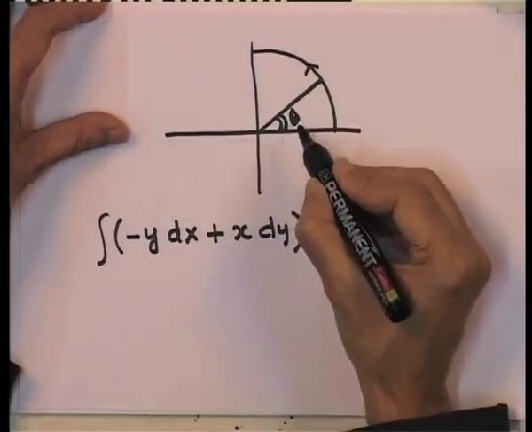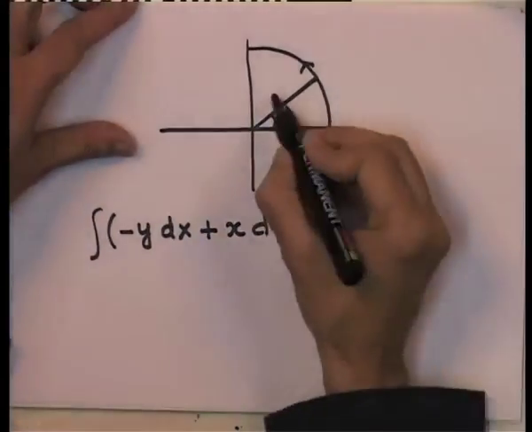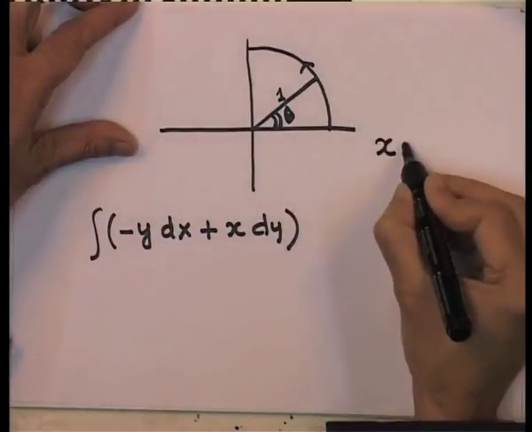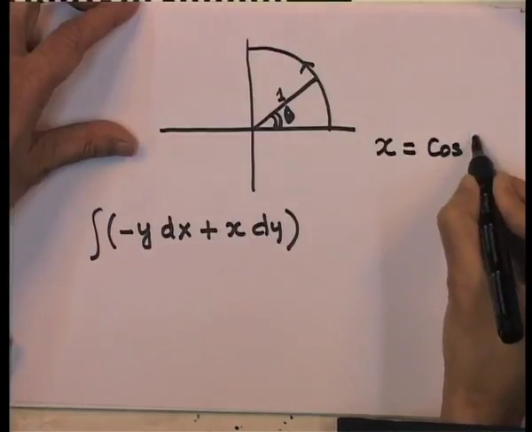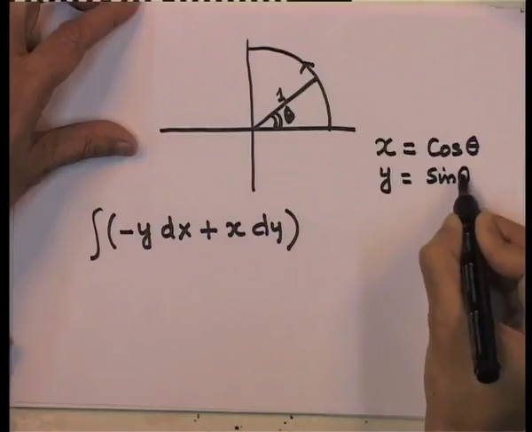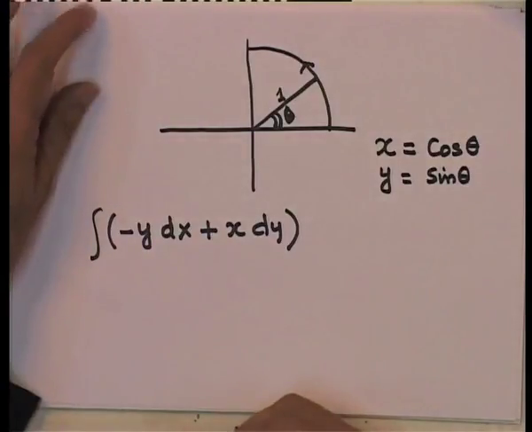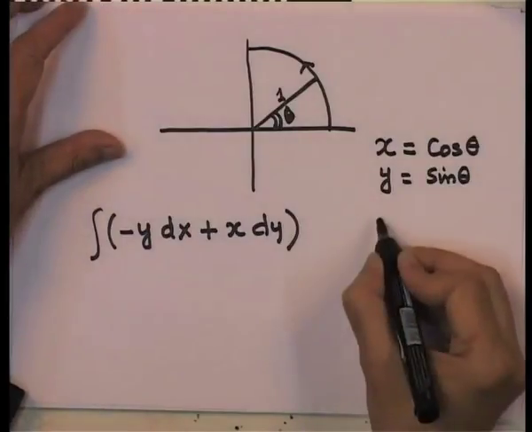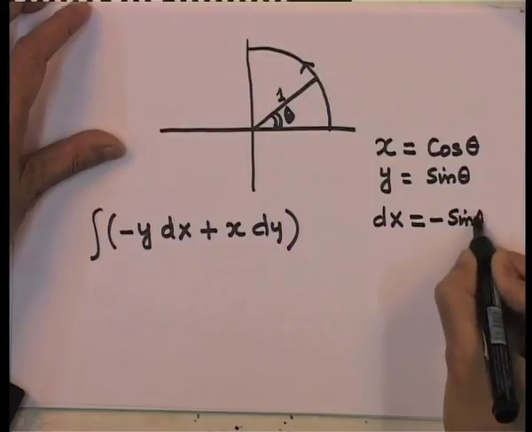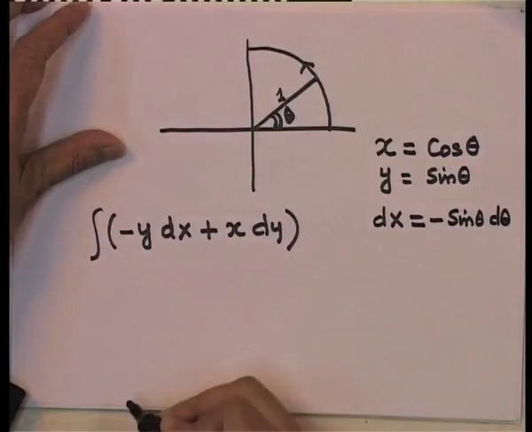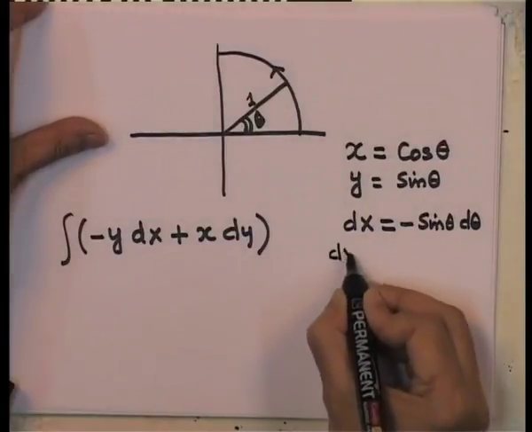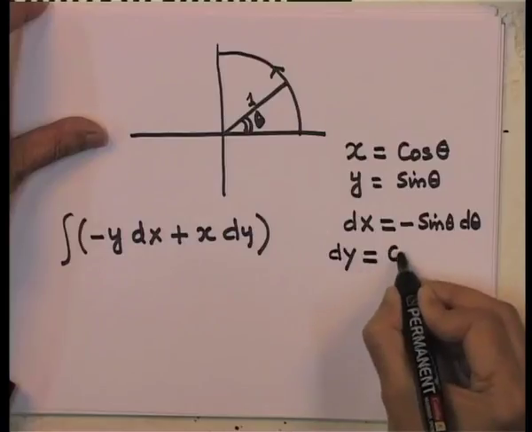In terms of this theta, since the radius of this circle is 1, I can write x is equal to cos theta and y is equal to sin theta. So, dx is minus sin theta d theta and dy is cos theta d theta.